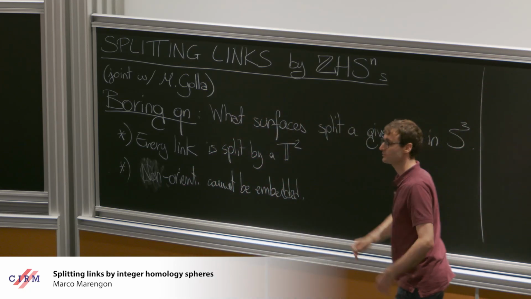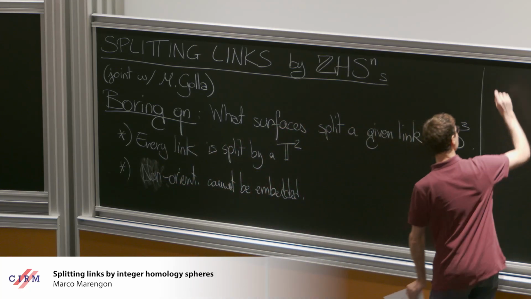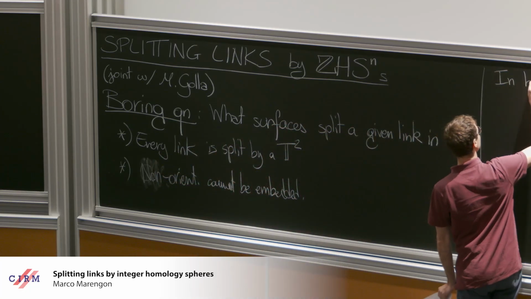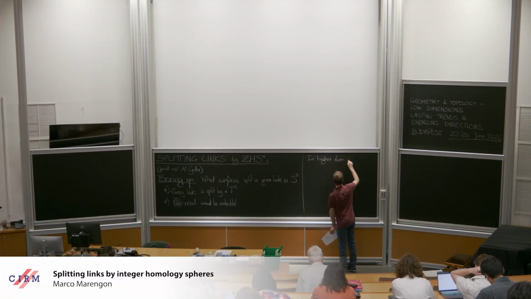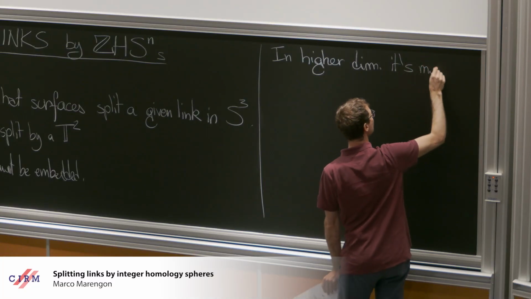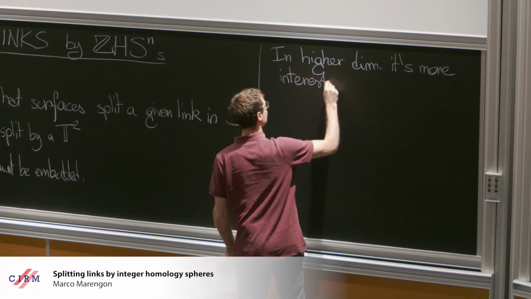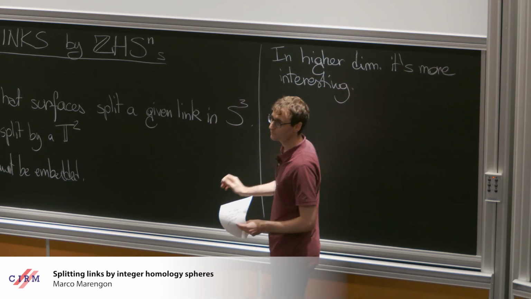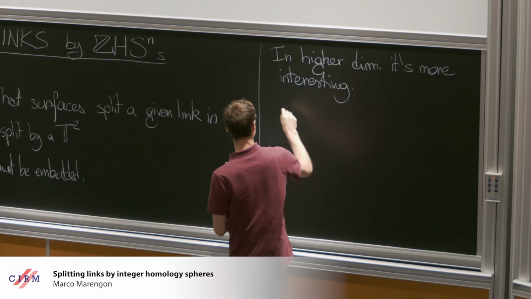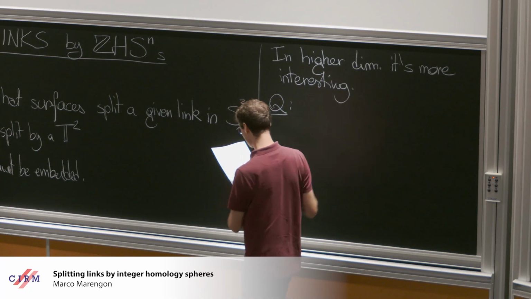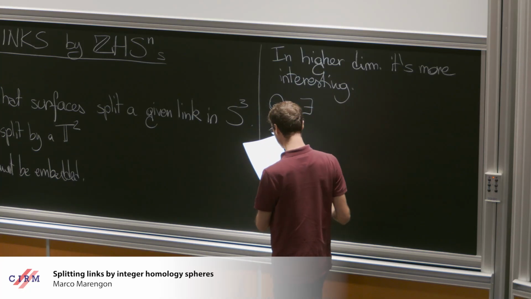However, the question becomes more interesting if you go to higher dimension. So the real motivating question, not as boring as this one, is the following one that was asked by Kronheimer at a conference a couple of years ago in Oxford.